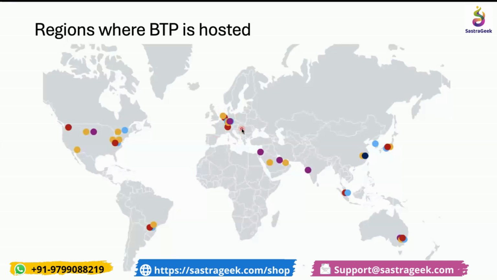So regions are a very important part of determining where you want your system to be based. It's also important for latency purposes, to make sure that the hits you have from the user get a quicker response. So these are the determining factors for where your BTP data center should be located.